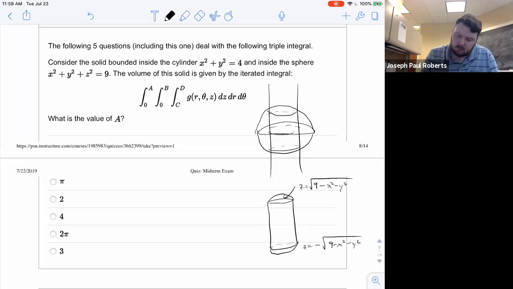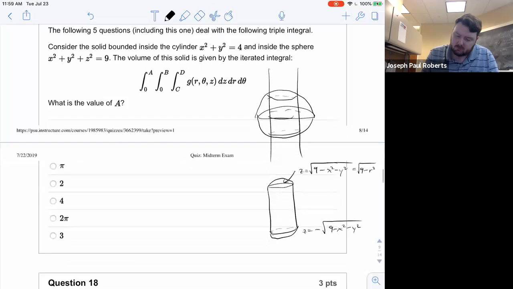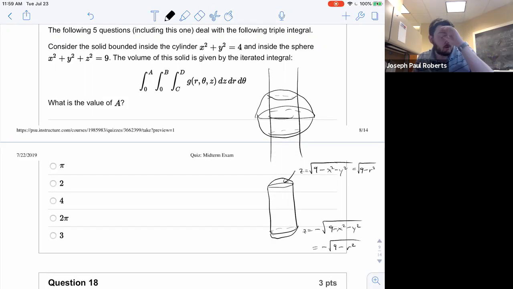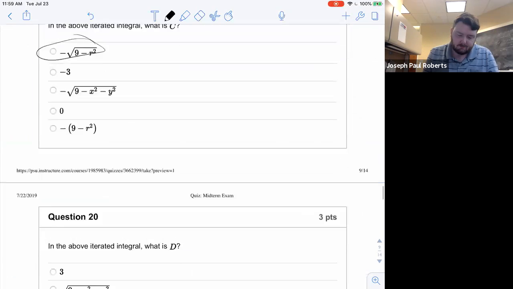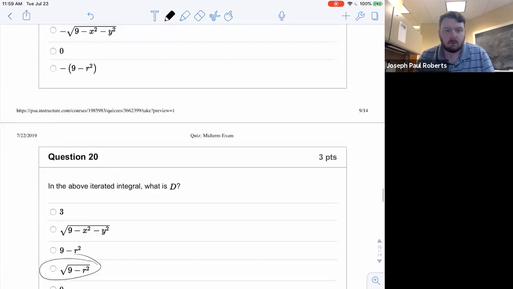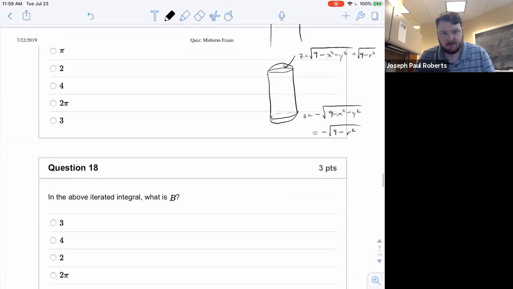And if we're doing cylindrical coordinates, we have to substitute x is r cosine theta, y is r sine theta everywhere, which basically turns x squared plus y squared into r squared. So our inner z bounds, C and D, are coming from the sphere equation.